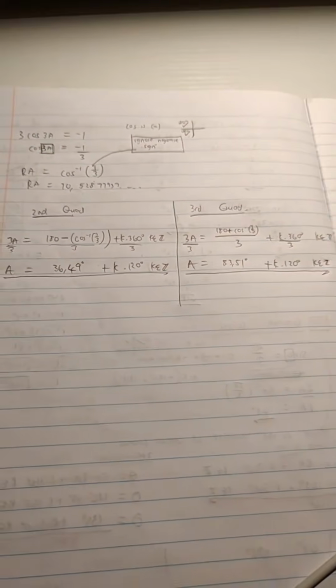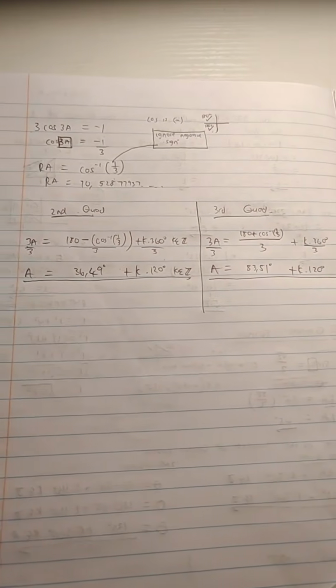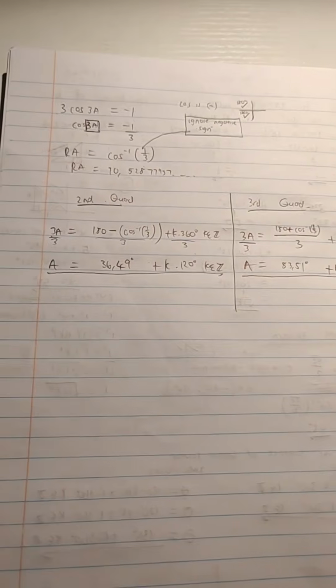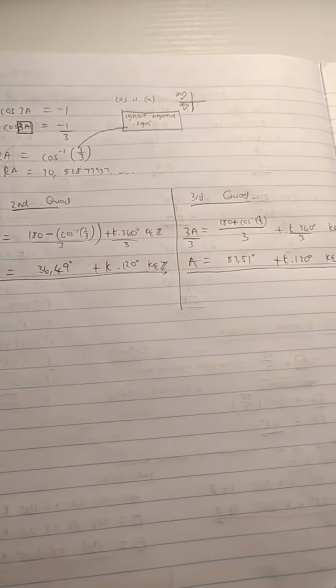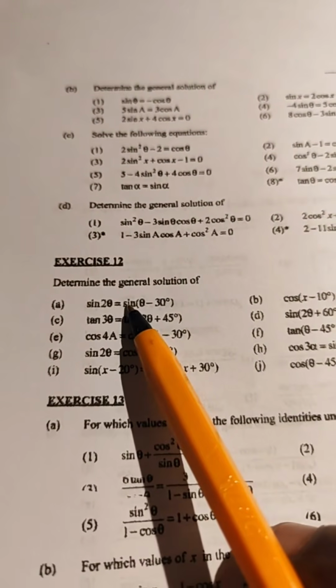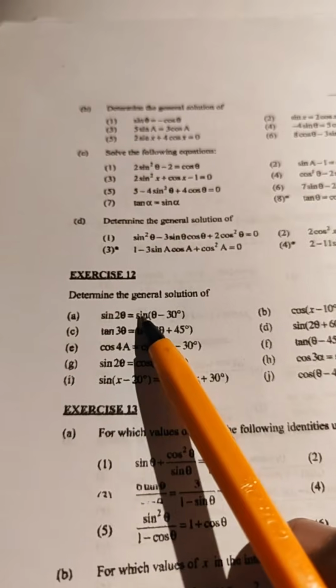I think tomorrow I'll look at more questions around this, because this was just me doing the fundamental basics. There are questions which have general solutions where the trig ratios are the same, where you have to actually drop the base, and in that case you are working with sine.